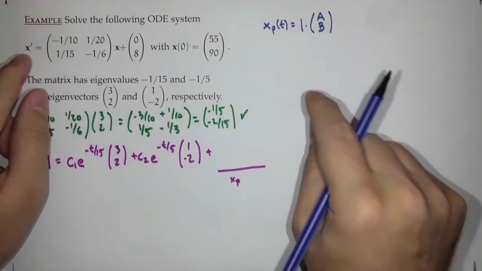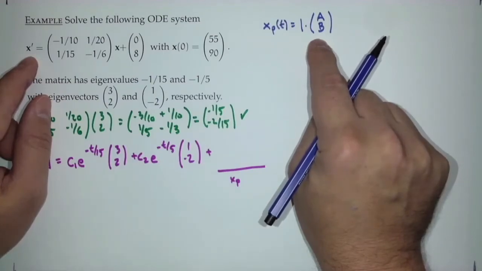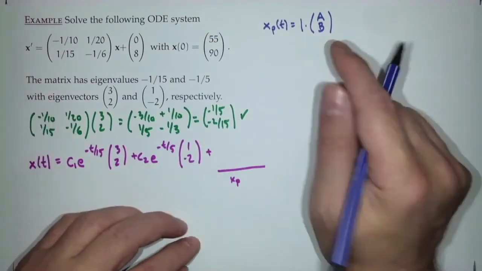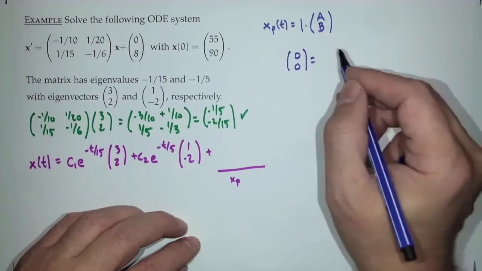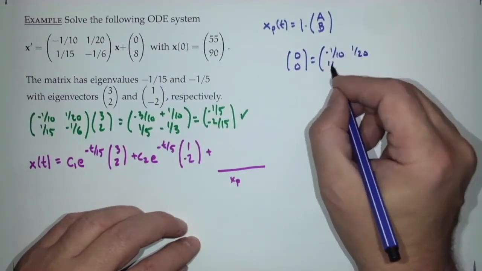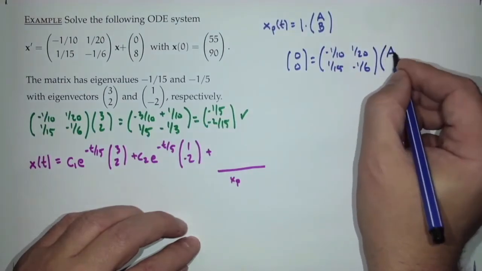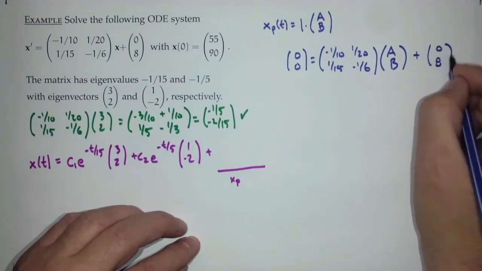What's the derivative of this? 0. And how do we know the derivative of this is 0? Yeah, there's constants. There's no t involved. So what we have is that 0, 0 equals the matrix minus 1/10, 1/20, 1/15, minus 1/6 times A, B, plus 0, 8.